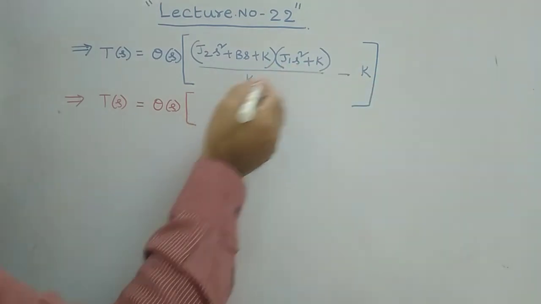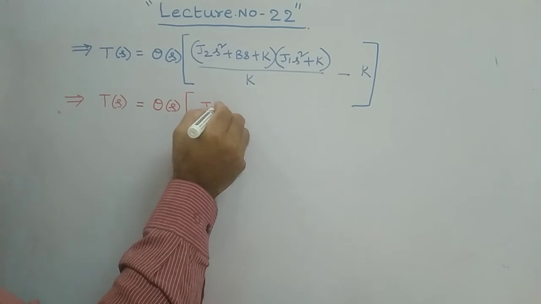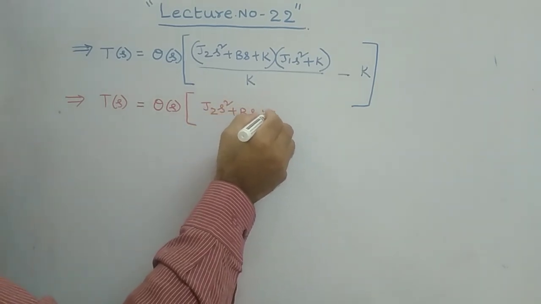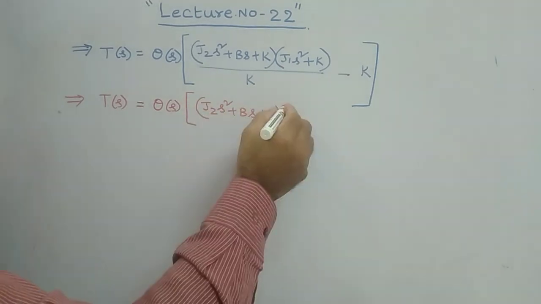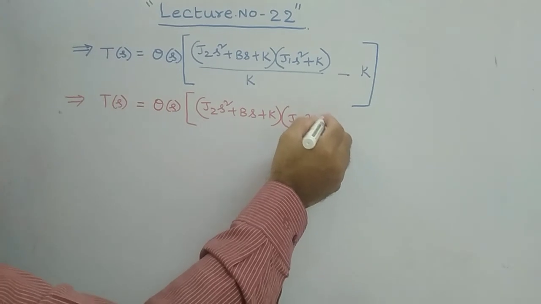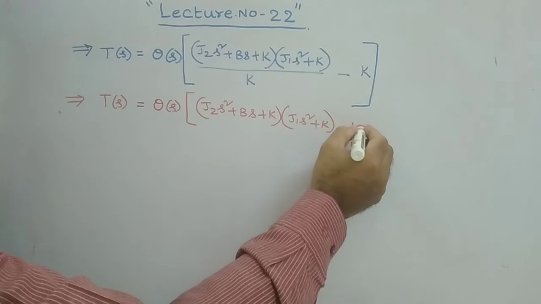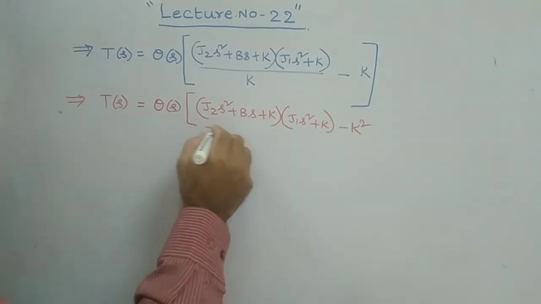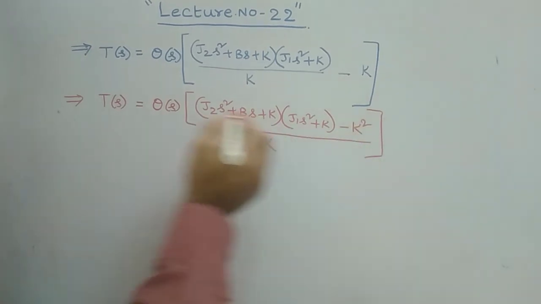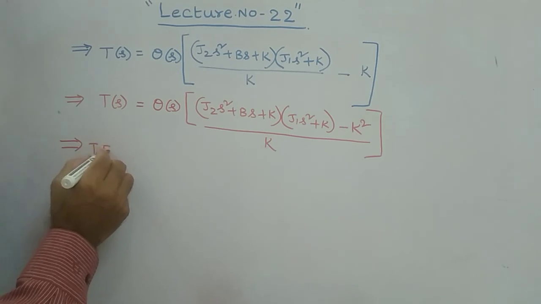Therefore, if you take cross multiplication here, it will come (J2 s square plus bs plus k) into (J1 s square plus k) minus k into k square by k. And finally, what is our transfer function?